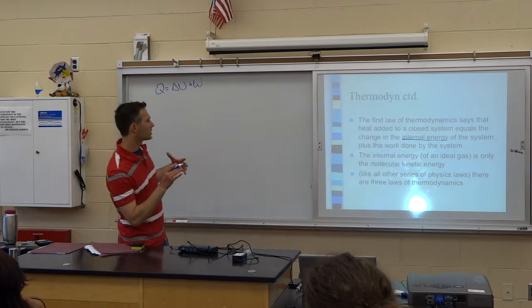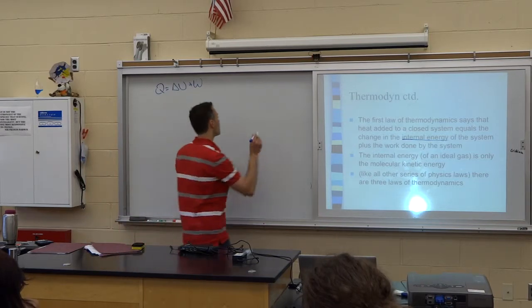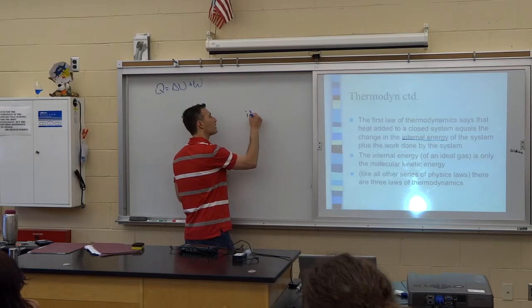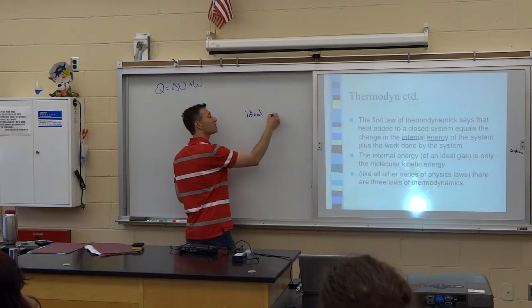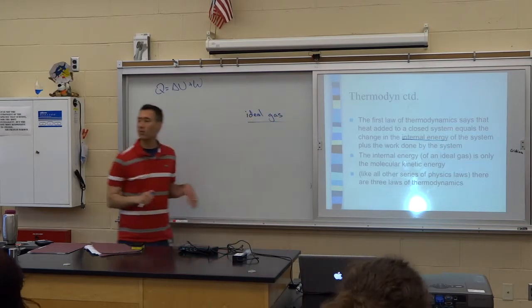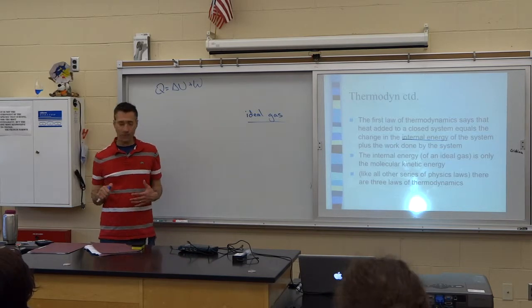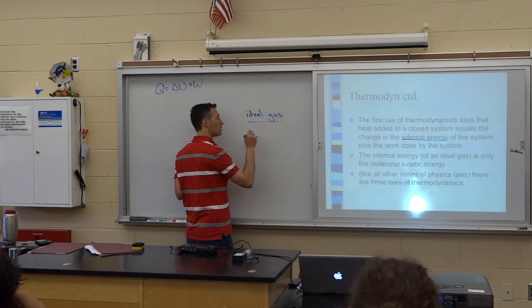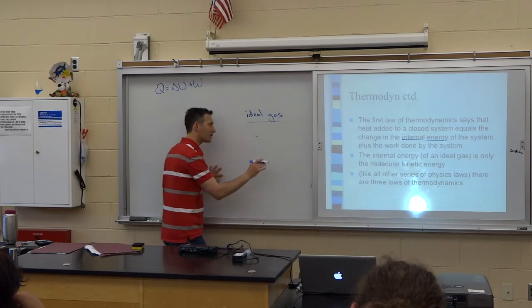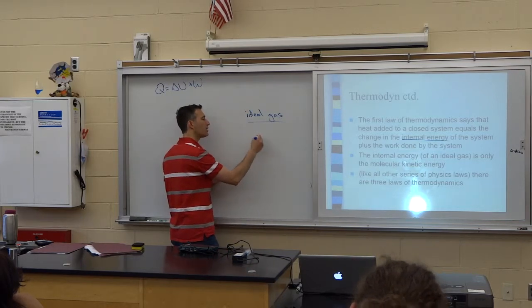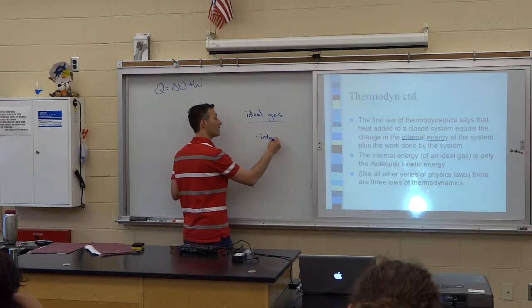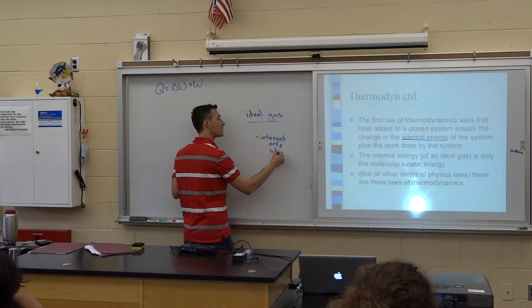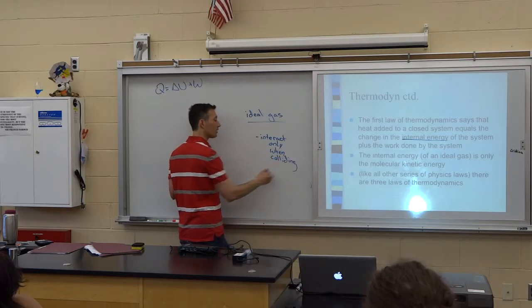In this topic, we're only concerned with gases, and pretty much only with ideal gases. In an ideal gas, the molecules only interact when they're colliding. That means they're so far apart that they are not pulling on each other.